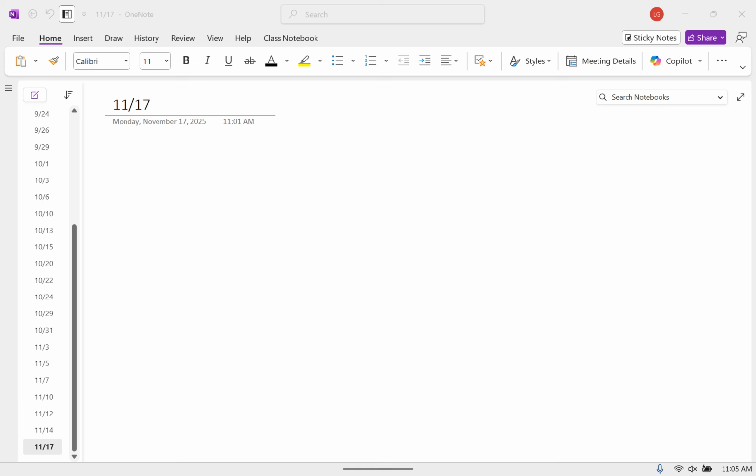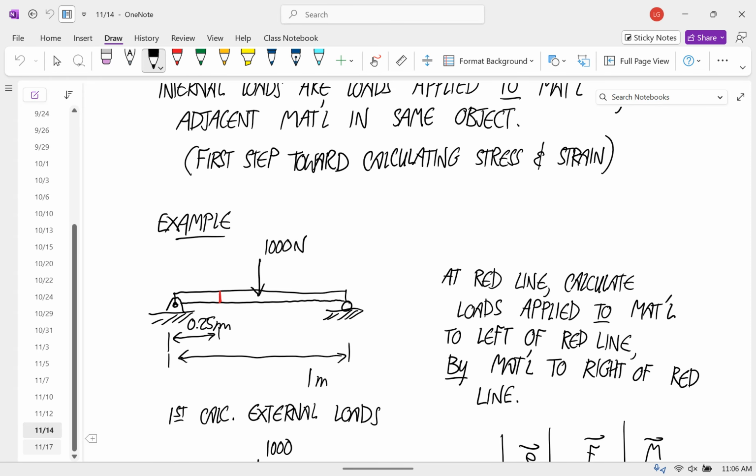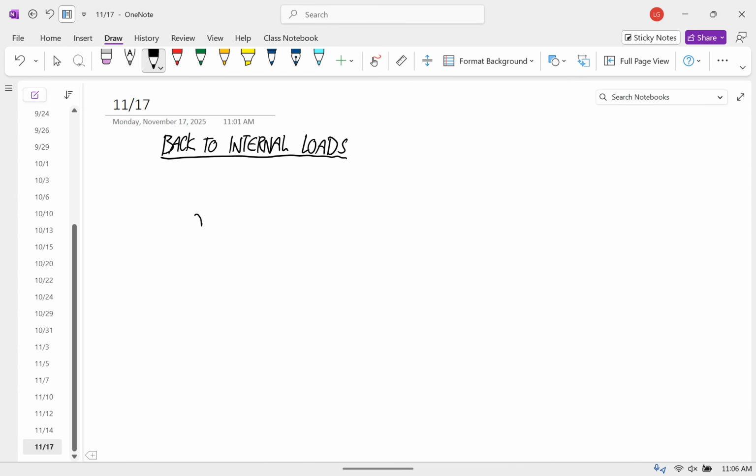All right. So we're doing internal loads. What we were doing so far was we had this body with a pin over here, a roller at the other end.